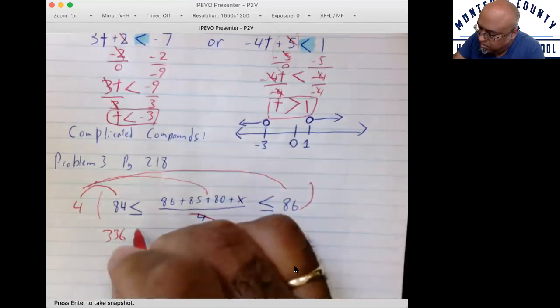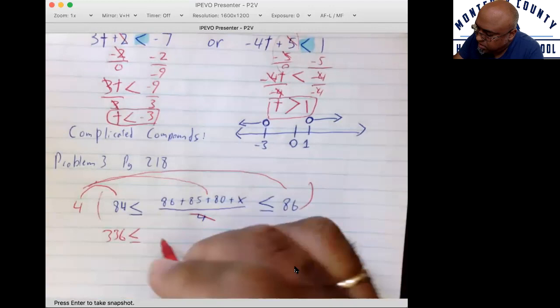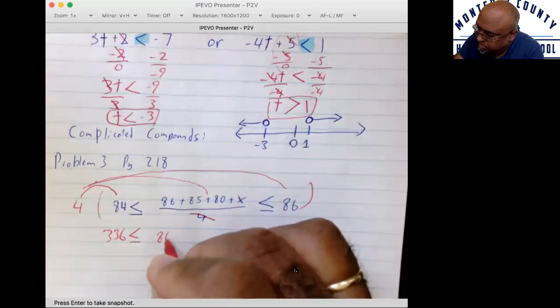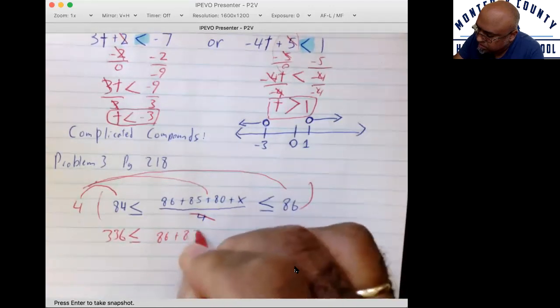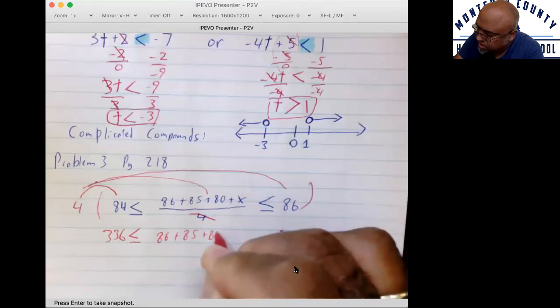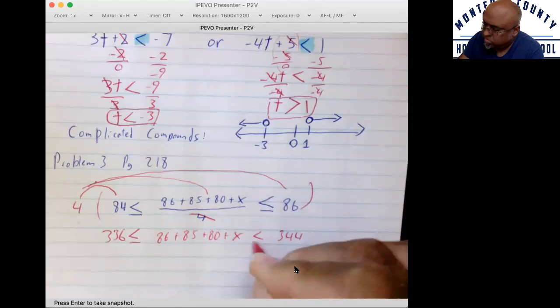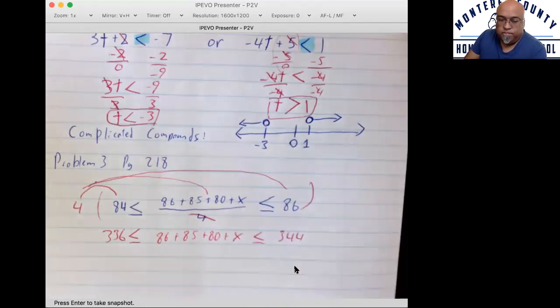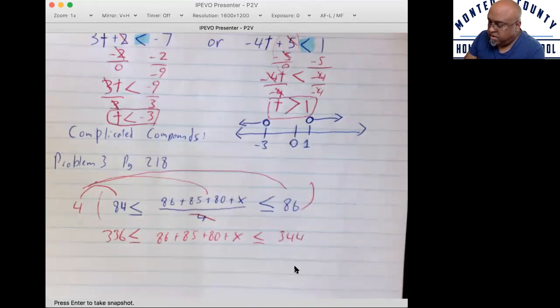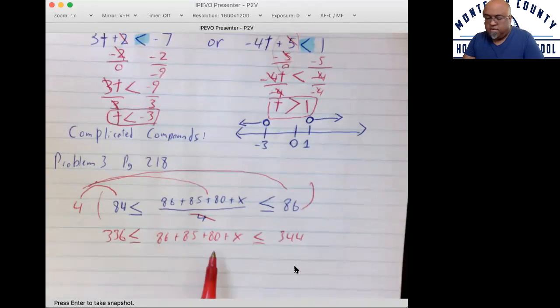Now I'm going to go ahead and rewrite the rest of my statement here. Now I'm going to go ahead and add these numbers together: 86, 85, and 80.